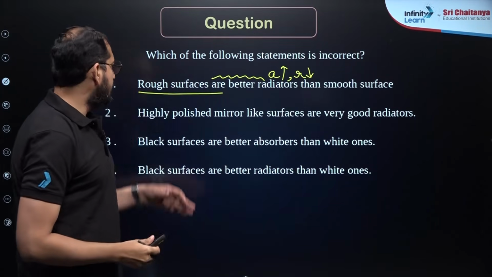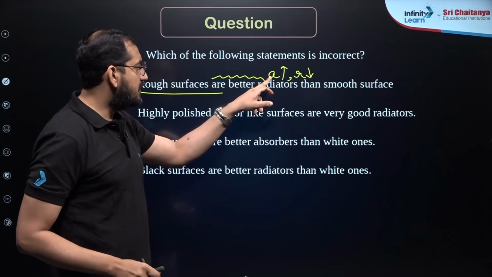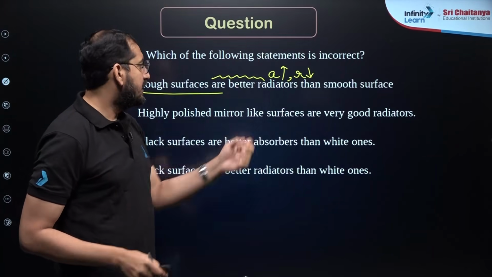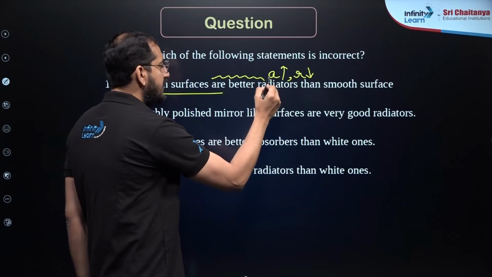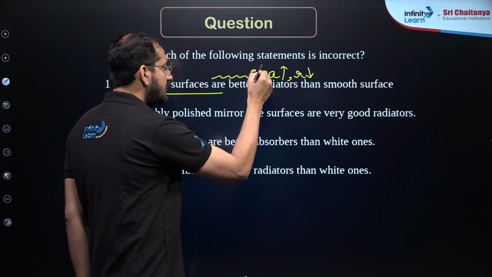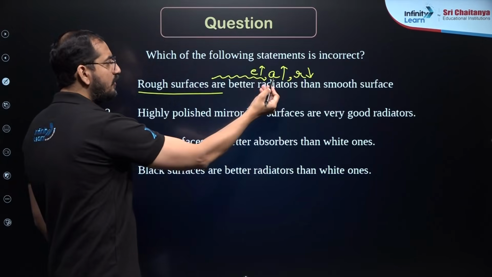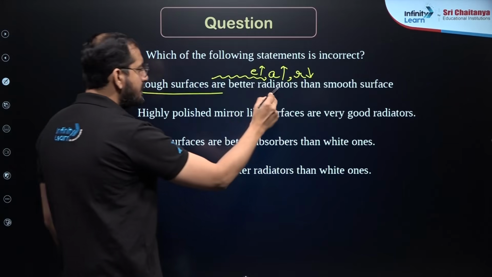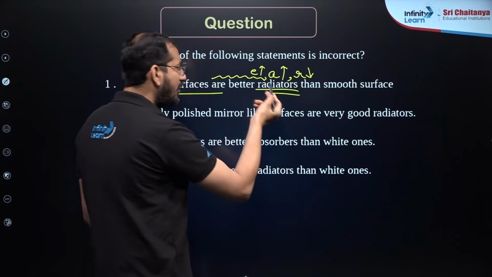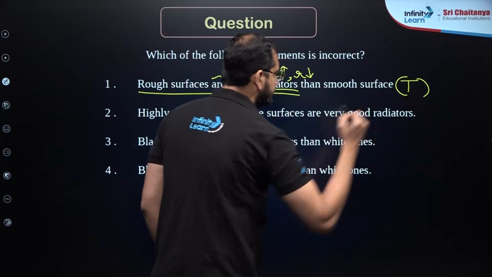It's rough, reflection is not so great, but absorptivity is going to be high. And as per Kirchhoff's law, if absorptivity is high, it means that its emissivity is also high. So good absorbers are also good emitters, right? So rough surfaces are better radiators. Radiator or emitter, same thing. Yes, this is a true statement.